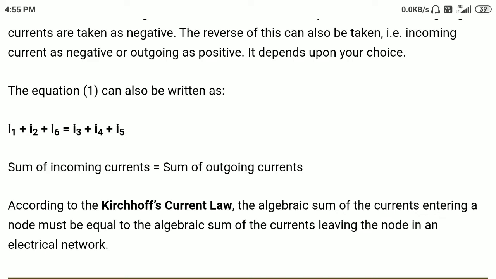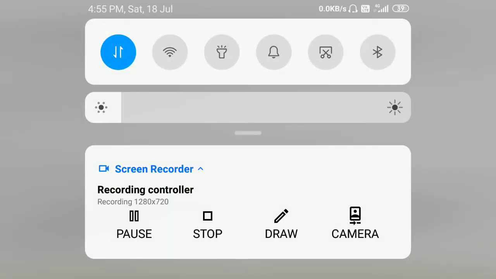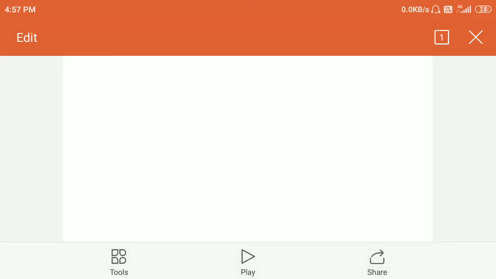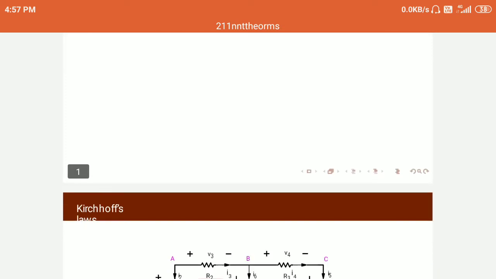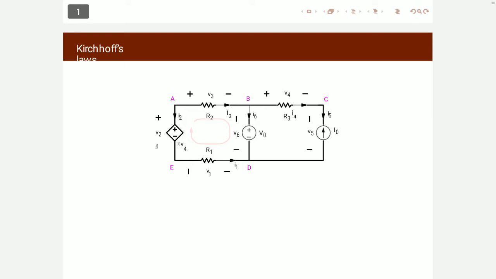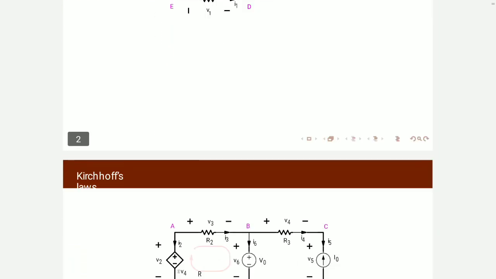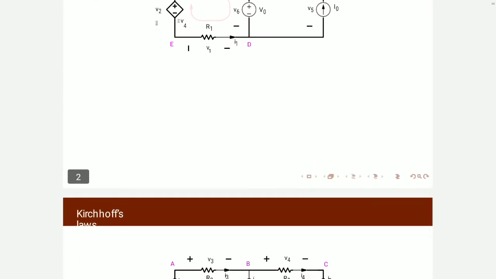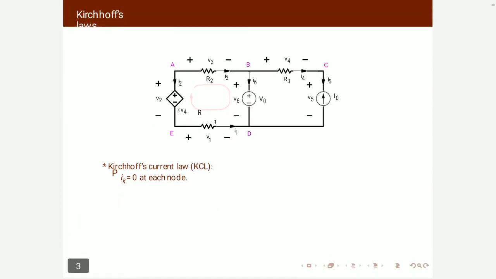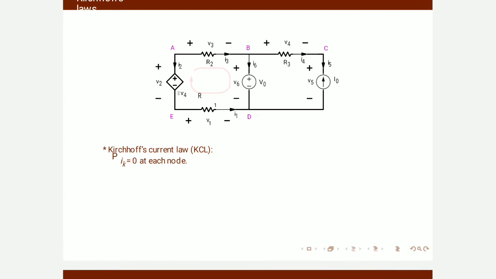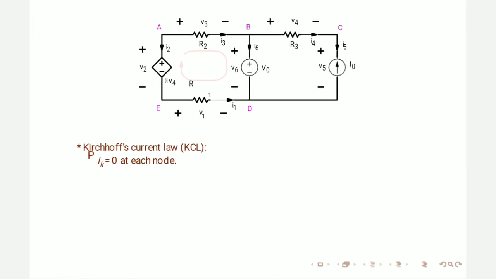Now see here another example of Kirchhoff's laws. Kirchhoff's current law: Ik is equal to 0 at each node.